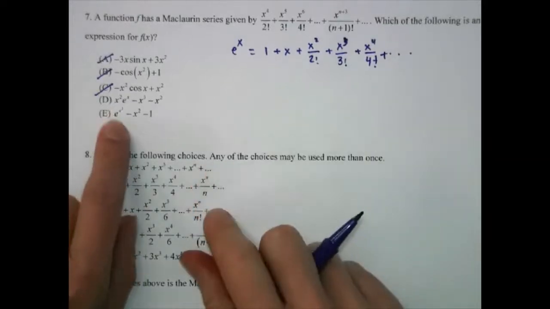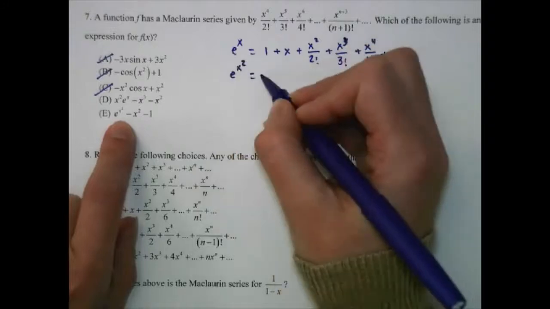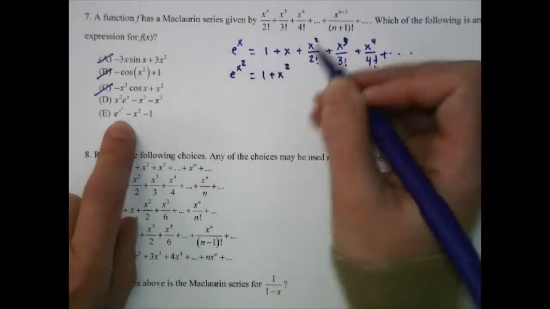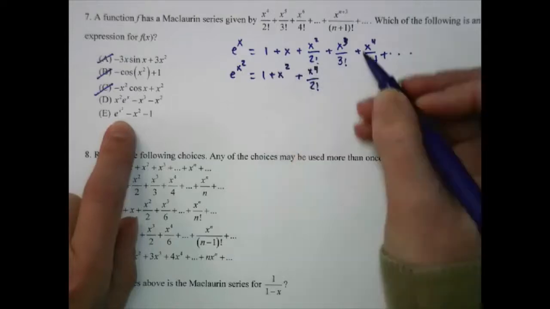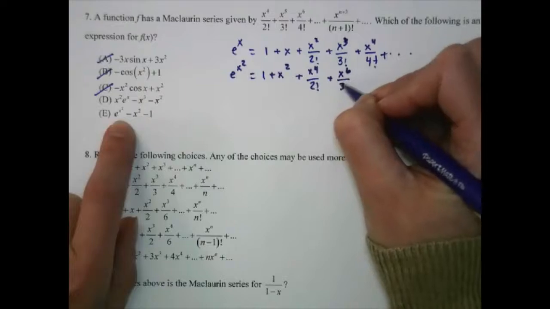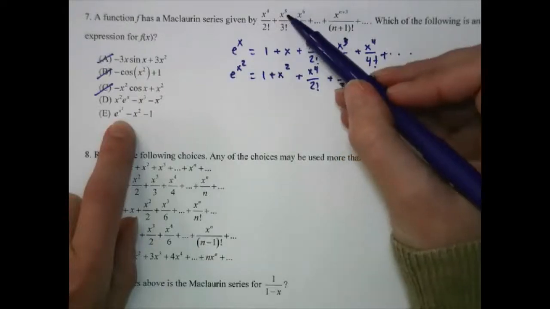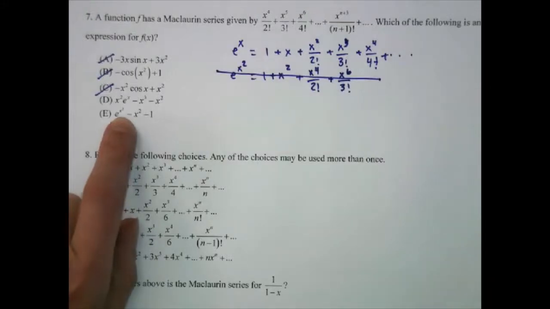Let's do the substitution one first, and I'll show you why. If I replace x with x squared, we're going to have 1 plus x squared plus x to the fourth over 2 factorial, looking promising, plus x to the sixth over 3 factorial. Okay, not x to the fifth. So that is not our answer.